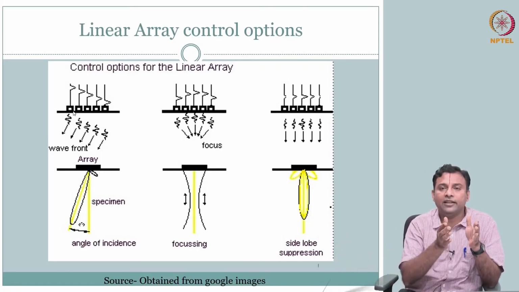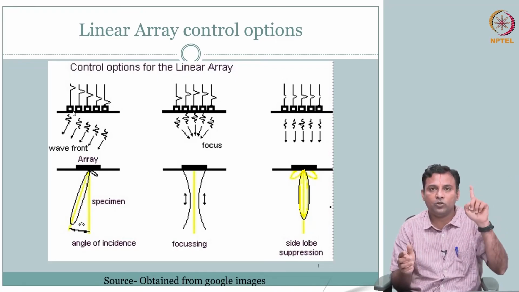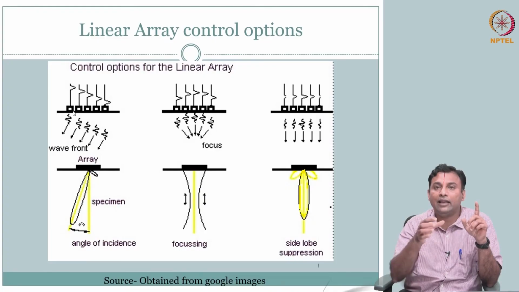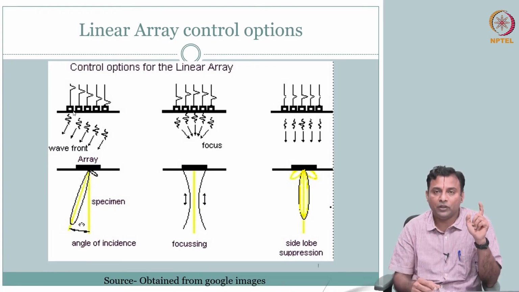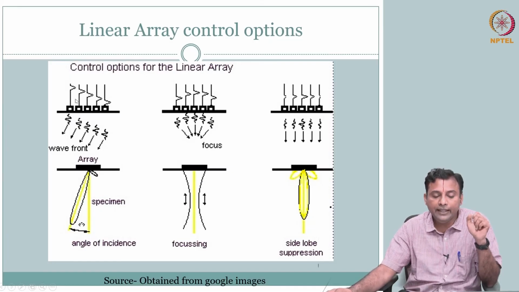When the sound comes and hits, it vibrates, you get your electrical signal out. So, there was only one lead wire if you look at the previous single element piezoelectric crystal transducer that we covered. Whereas here what you have is multiple crystals. Each one has its own control. Each one acts as an independent channel. So you have electrodes for each of the crystals.